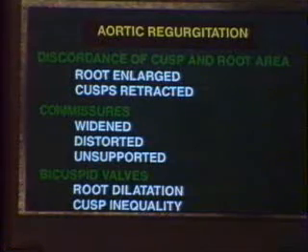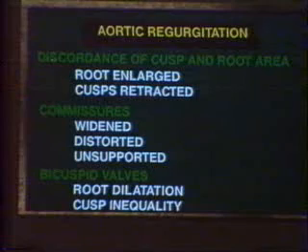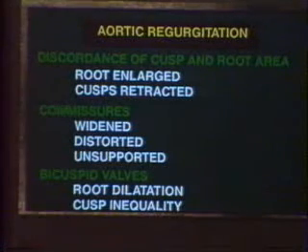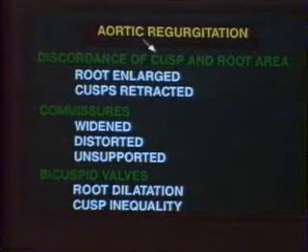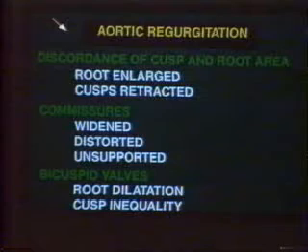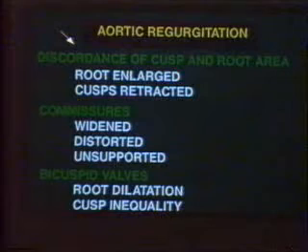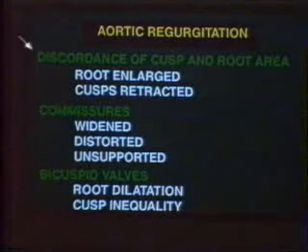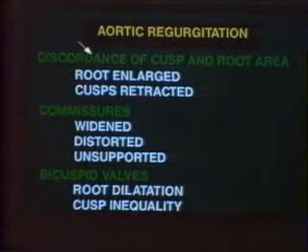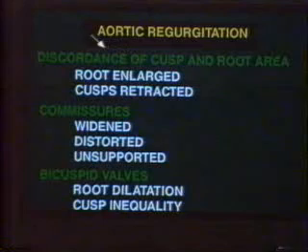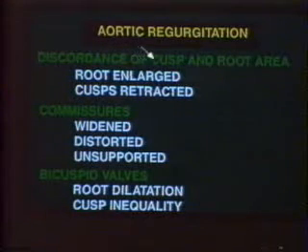Let's look at aortic regurgitation now. What are the variables we take into account to come up with a diagnosis? The first thing is, is there discordance between the cusp area and the root area?